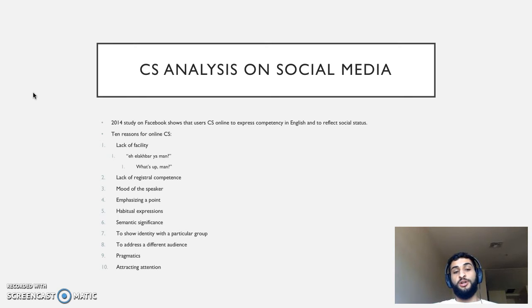I also focused on code switching on social media because that's where a lot of code switching generally happens. You would just be switching between different verbs and adjective phrases all the time while texting. And so this study talked about code switching on Facebook.